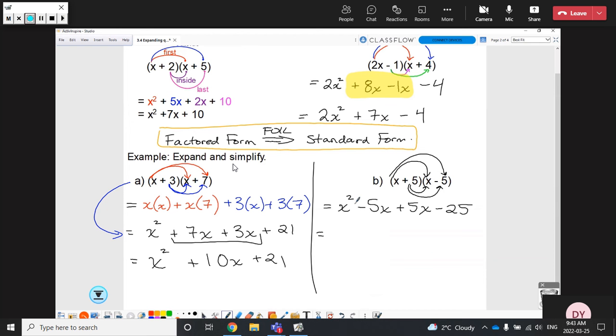We have to collect our like terms, and our like terms are negative 5x and positive 5x. So really, how many x's do we end up with here? 0. So we have x squared plus 0x minus 25. But to write 0x is a little redundant. We don't usually write that because 0 times anything is 0. So we get x squared minus 25.